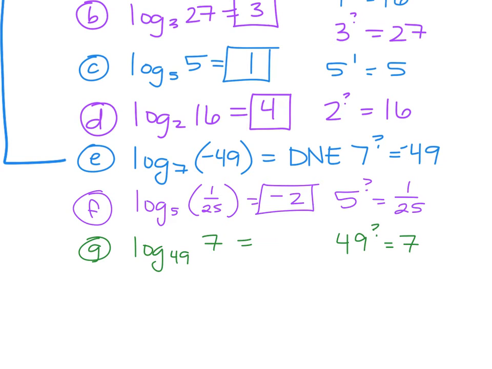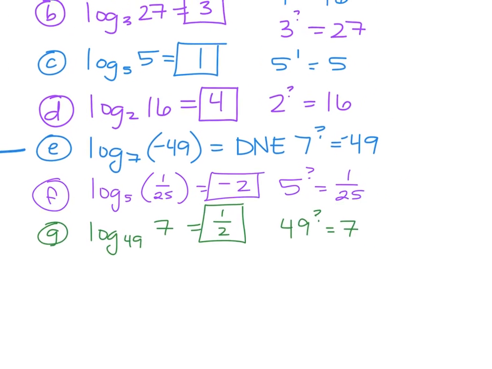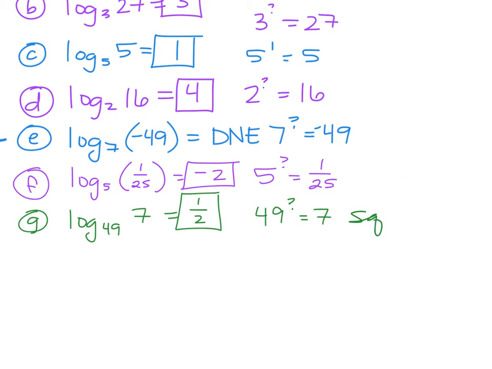This one's tricky also. 1/2, right? What is the same as something to the 1/2 power? It's the square root of it, right? So 49 square rooted gets you 7, which is 49 to the 1/2 power. This is just like saying we took the square root. 1/2 power.